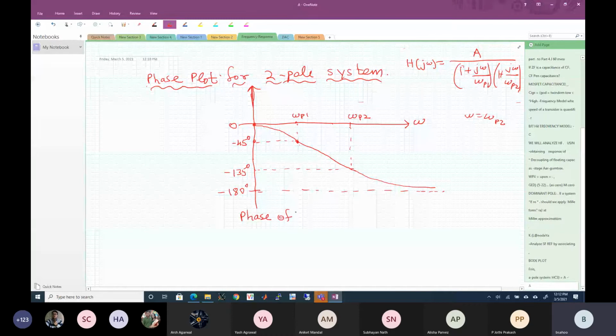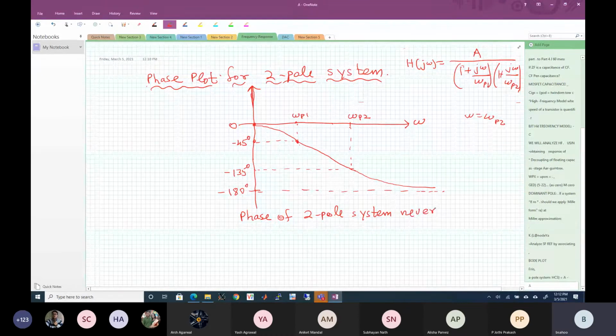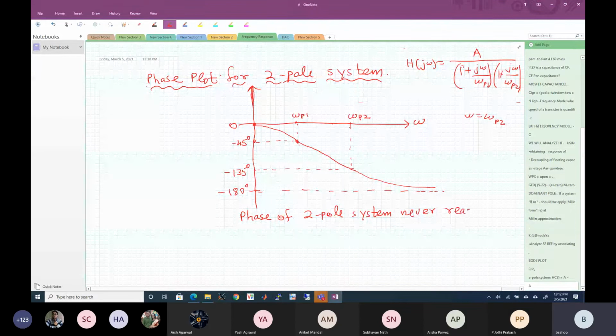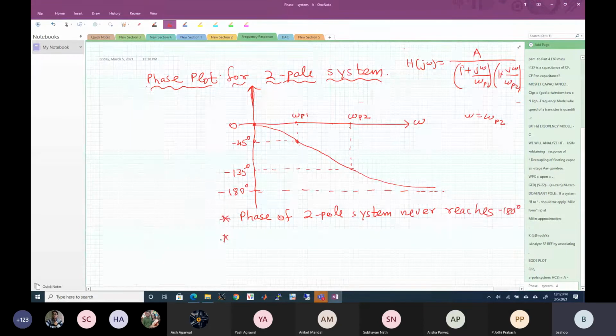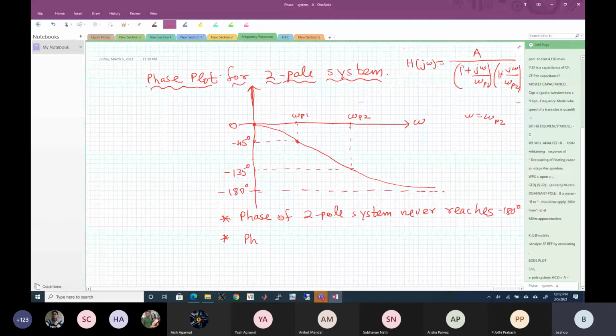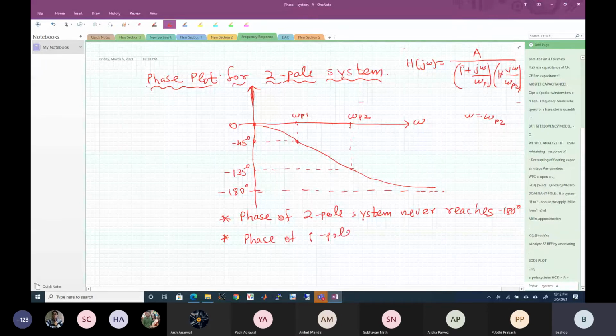The phase of a two-pole system never reaches minus 180 degrees. The phase of a one-pole system never reaches minus 90 degrees.